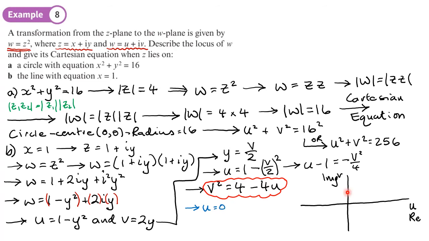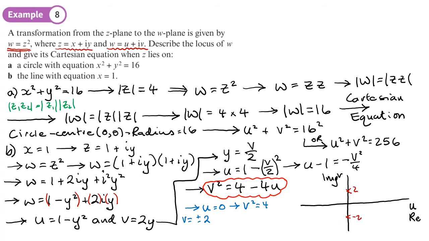So can we find any points along the v-axis? Well, when u equals 0, that will become v squared equals 4, which will mean v will equal plus or minus 2. So that means that 2 and -2, this crosses the axis.